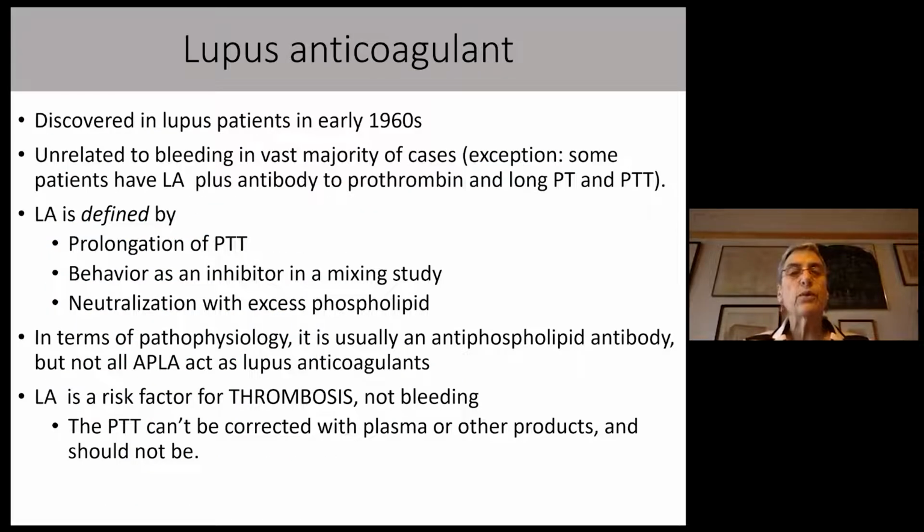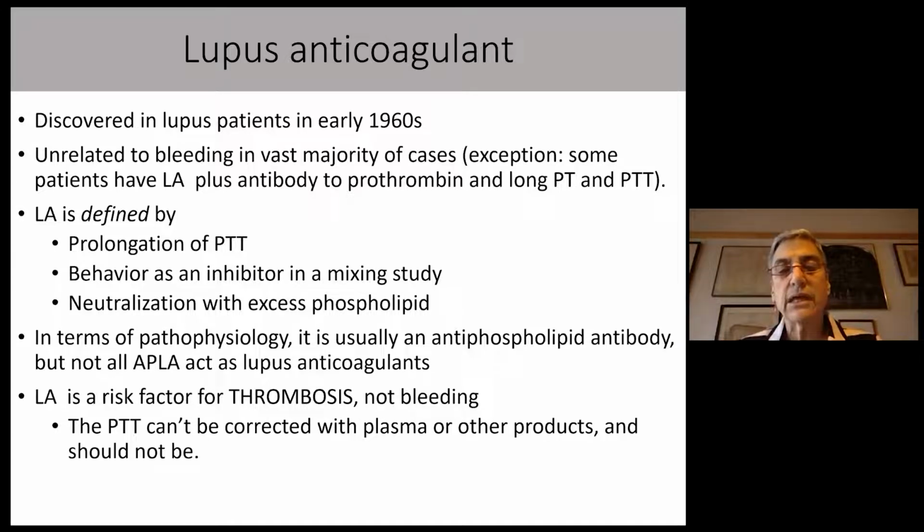The lupus anticoagulant is important to recognize because it prolongs the PTT. But unlike causing bleeding, it is actually a risk for thrombosis. It was discovered in lupus patients in the early 1960s, and that's why it's called lupus anticoagulant. However, the vast majority of patients who have lupus anticoagulants do not have lupus. It's unrelated to bleeding, and it's defined by prolongation of the PTT and behavior as an inhibitor in a mixing study.